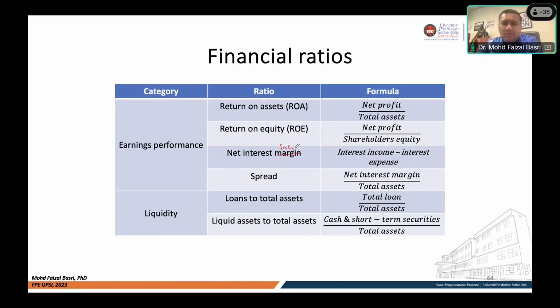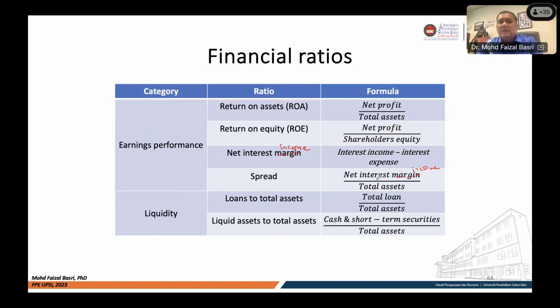Okay, you can change it here. This is net interest income. So in order to find the spread, technically it's net interest income, or interest income minus interest expense, divided by total assets.